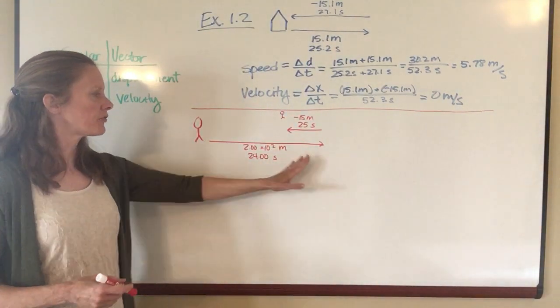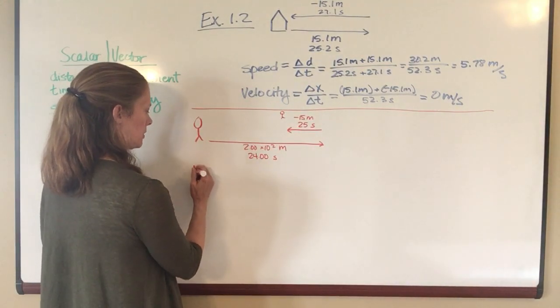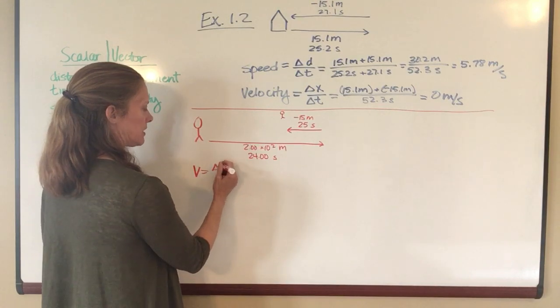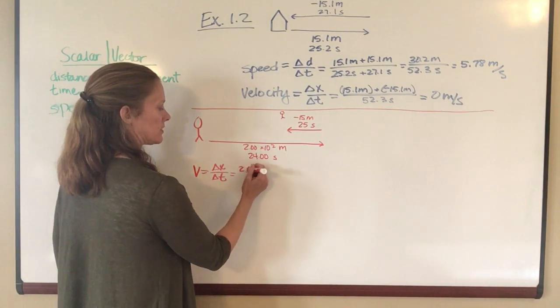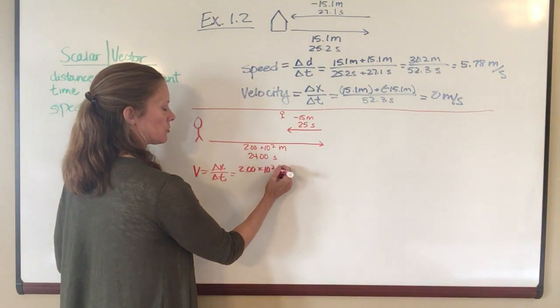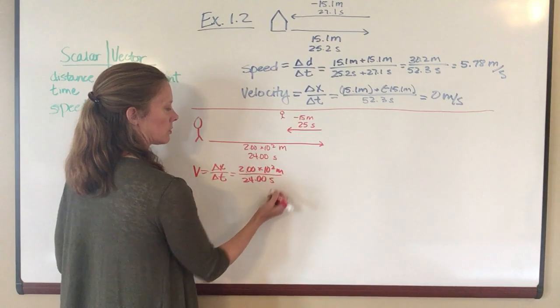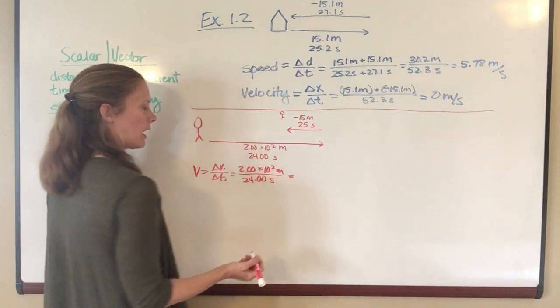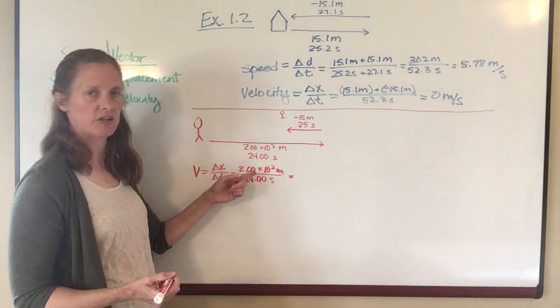So if I want the velocity for the first part of the trip, velocity is going to be delta x over delta t. So I'm going to have 2.00 times 10 to the second meters over 24.00 seconds. Now why didn't I just write 200 meters? Well, again, because I'm looking for three significant figures.